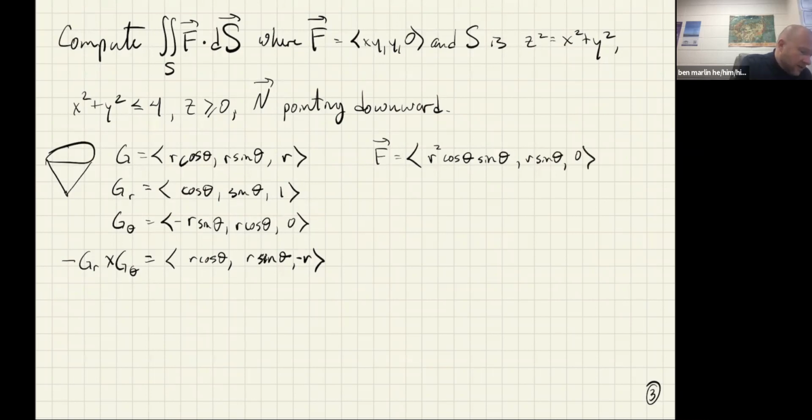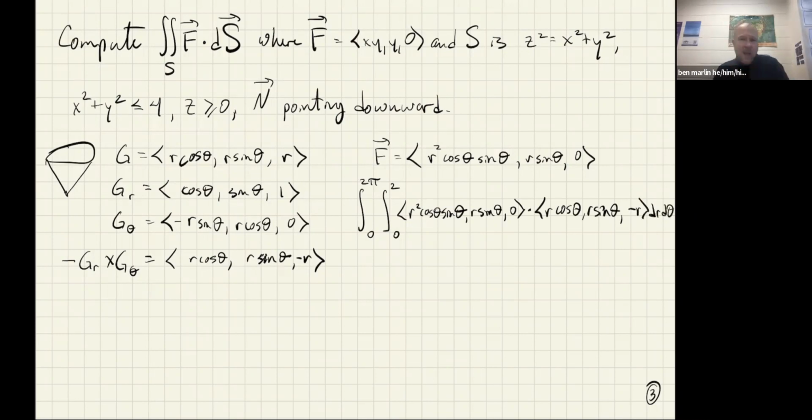So we need to set up our integral here. And I'm going to put the theta on the outside. Since we wanted the full round of the circle there, we'll go 0 to 2 pi. And since it wanted the x squared plus y squared less than or equal to 4, the r will go 0 to 2. And then I will need to say r squared cosine theta sine theta, comma, r sine theta, comma, 0, dotted with the r cosine theta, r sine theta, minus r, dr d theta.